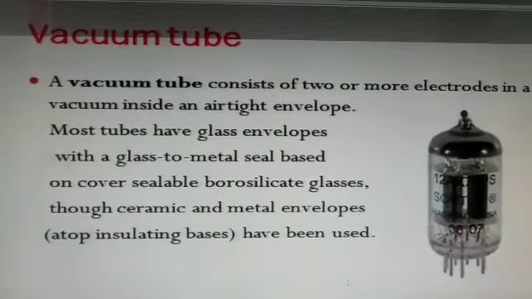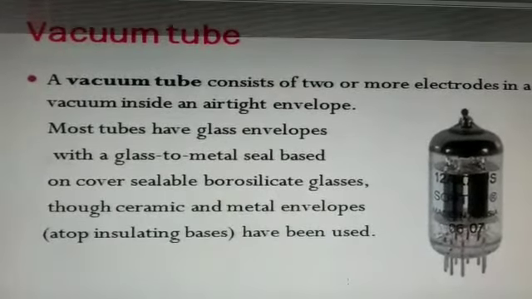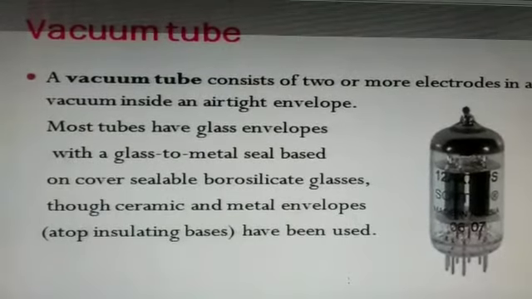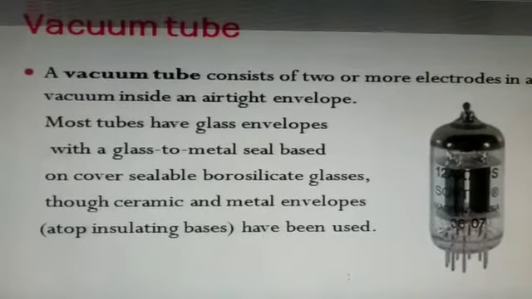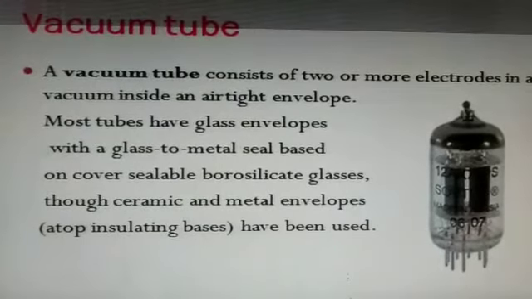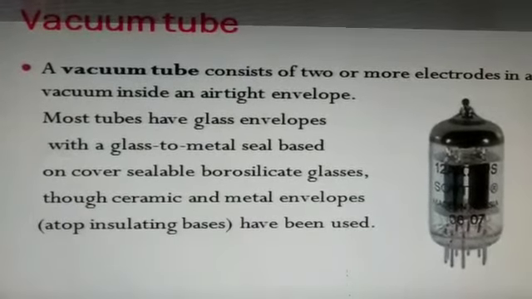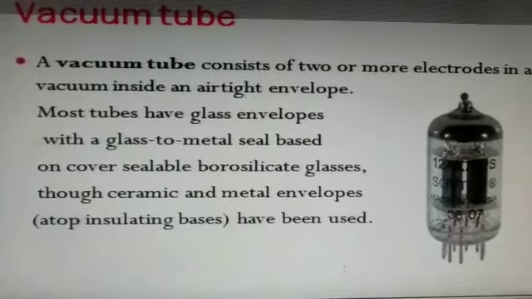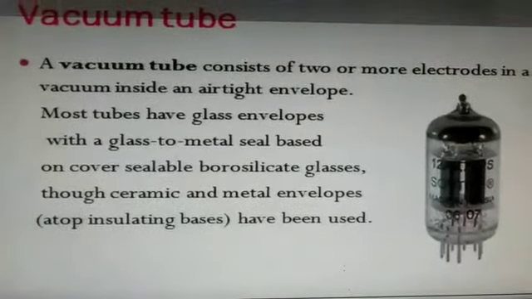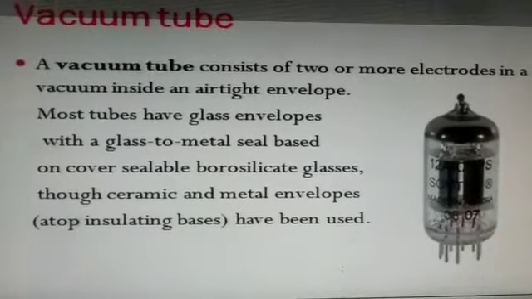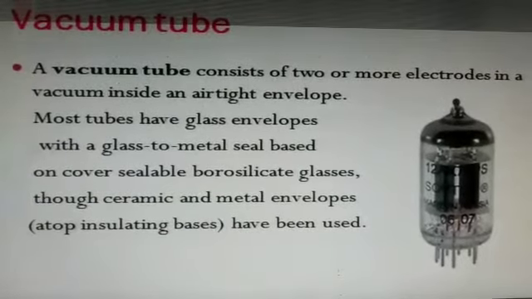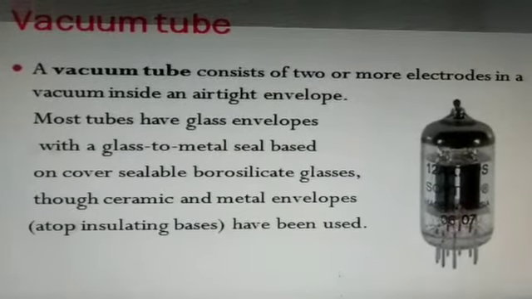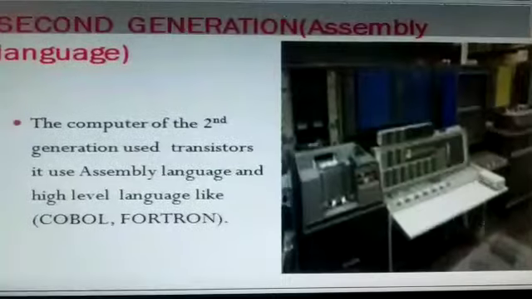Most tubes have glass envelopes with a glass to metal seal based on sealable borosilicate glasses. Though ceramic and metal envelopes have also been used. This vacuum tube is used in the first generation of computer.